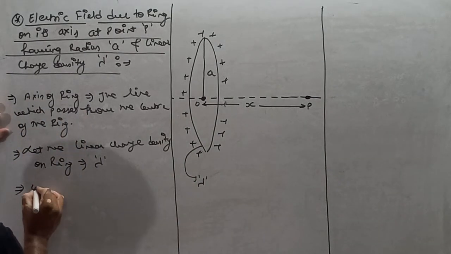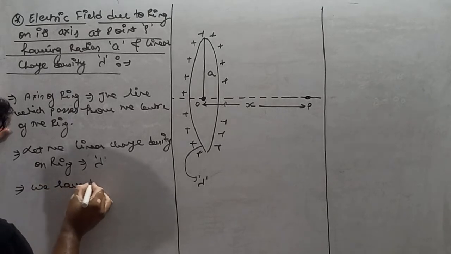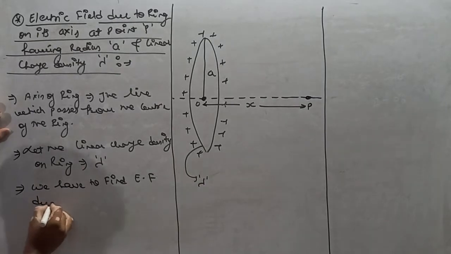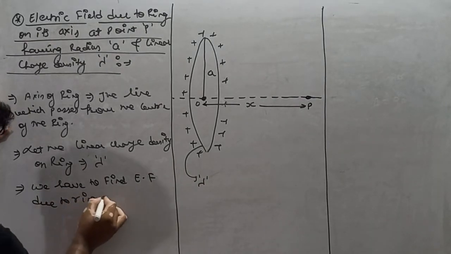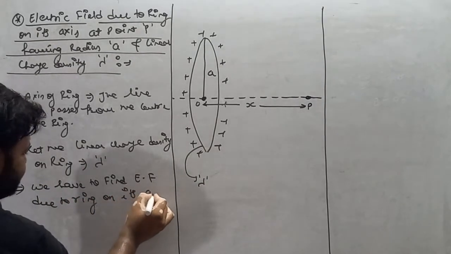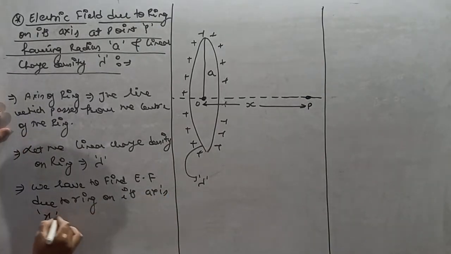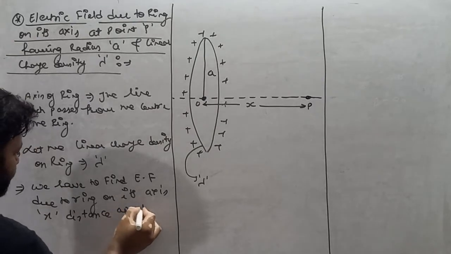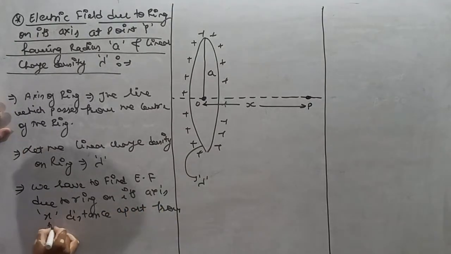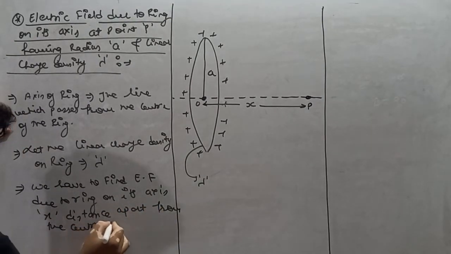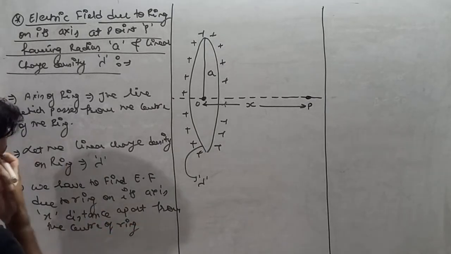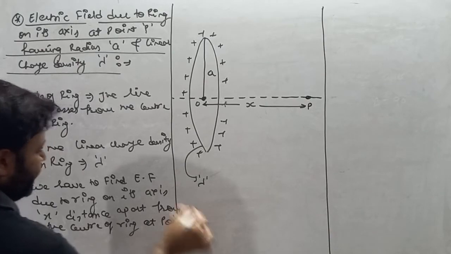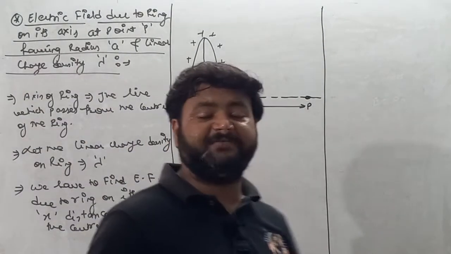I'll write here, we have to find electric field due to ring on its axis x distance apart from the center of ring at point P. I hope you are getting what we have to do now.